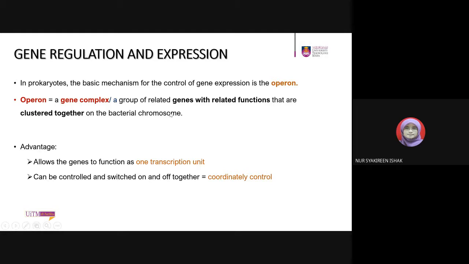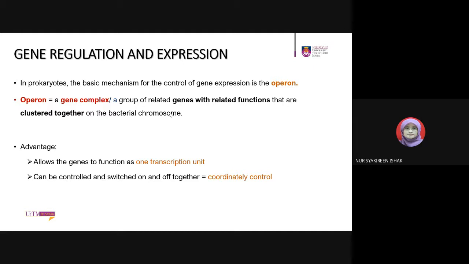I assume you have watched the video for gene regulation on YouTube. The lac operon has three structural genes, which are lacZ, lacY, and lacA. All these three genes will be expressed as one mRNA transcript.